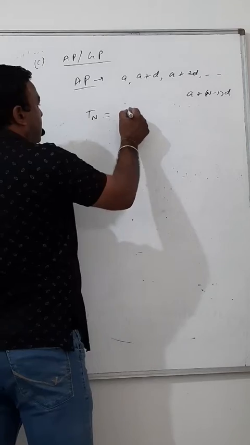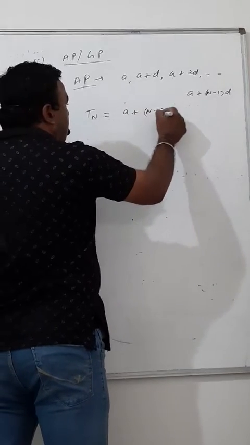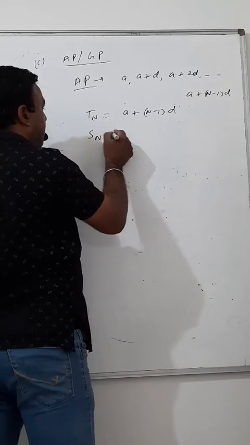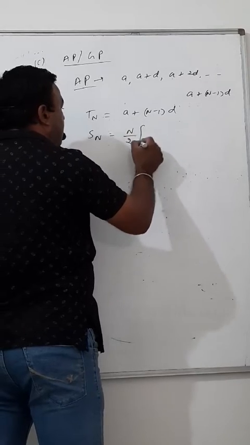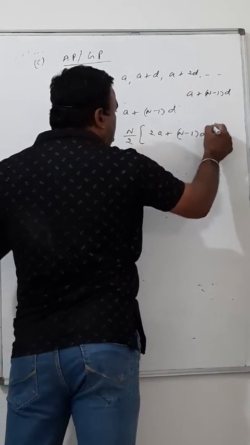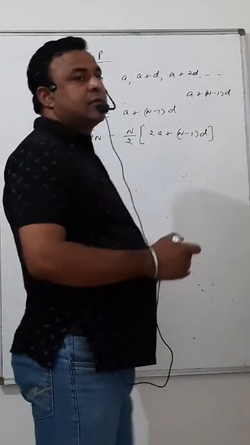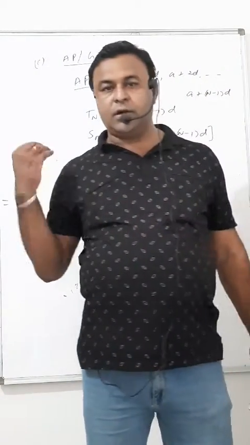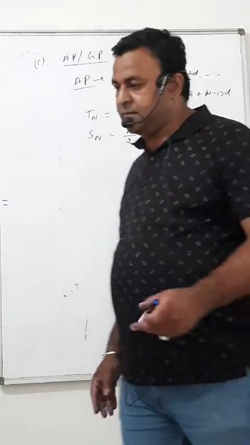Formula for nth term: a + (n - 1)d. Sum of n terms: n/2 (2a + (n - 1)d). Actually, this is rarely used. You need to memorize these formulas only.